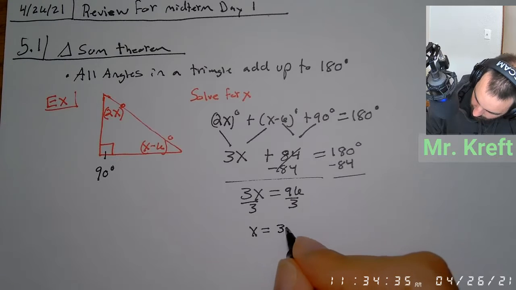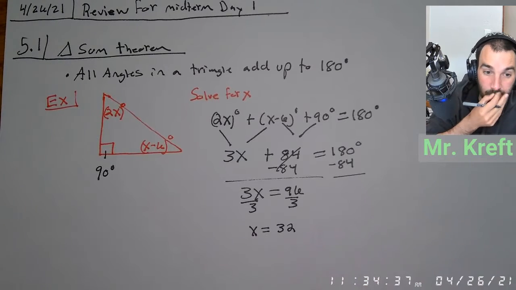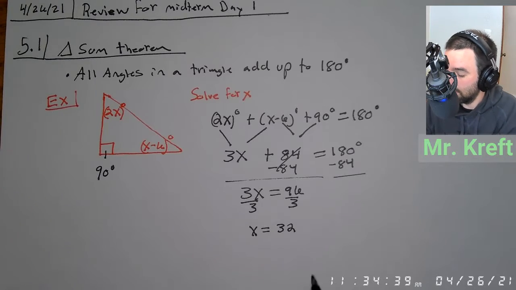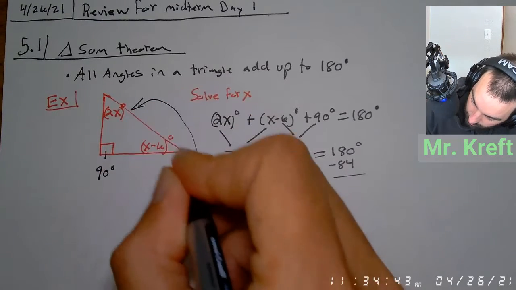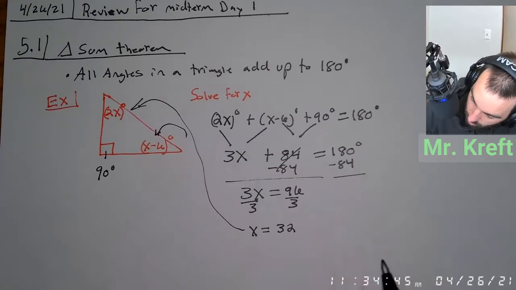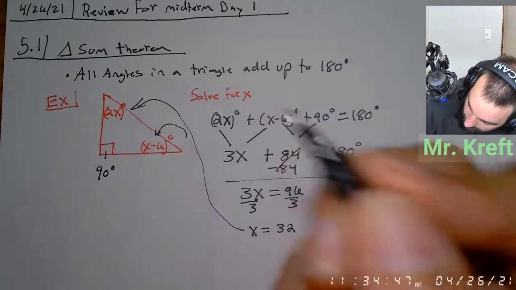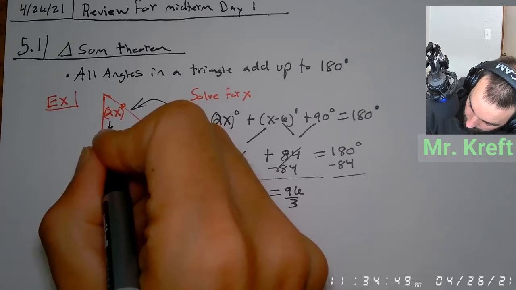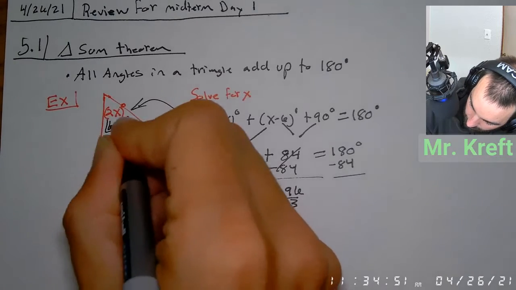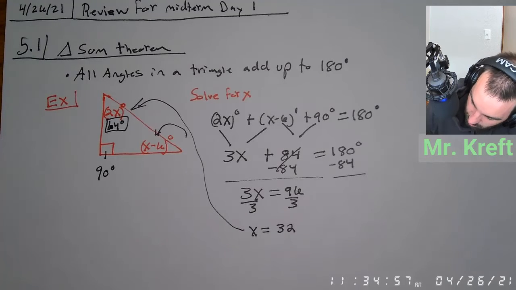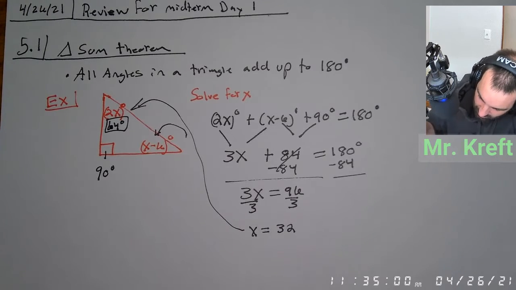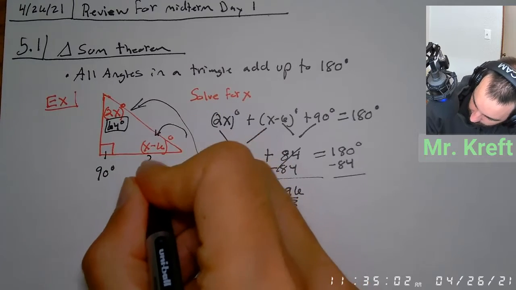Yeah, 32. And then you can always plug those back in to find missing angles. I didn't ask this time, but 2 times 32 would be 64 degrees. And then 32 minus 6 would be 26.